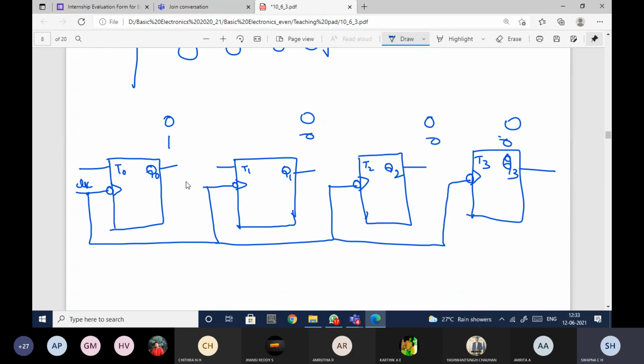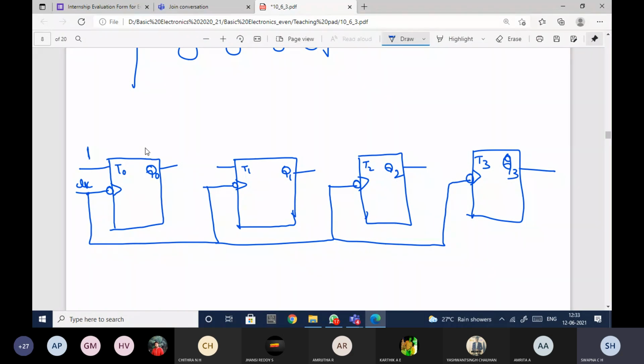In the next case, this should toggle and even this should toggle, giving 0 0 1 0. So at different times, different flip-flops have to toggle, whereas the first flip-flop has to toggle continuously. For this you can just connect 1. But what about the others? We don't know what input should be given to T1, T2, T3.